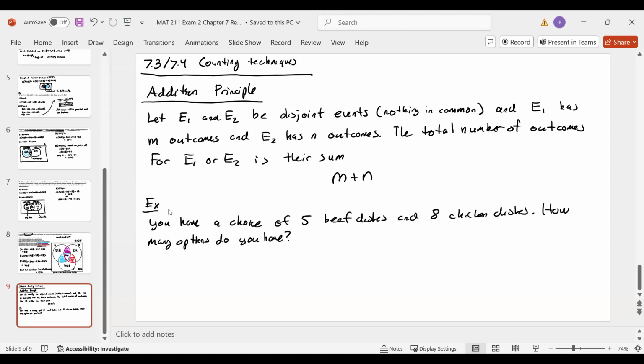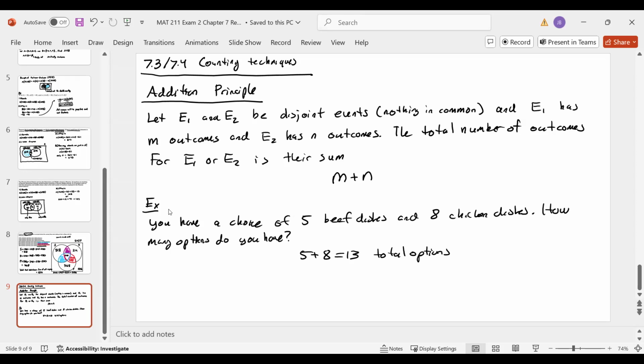I didn't ask you how many ways can you eat a chicken or beef dish. I just asked how many options you have. That's what the addition principle is all about: how many things do you have to choose from in total. Well, it's just 5 plus 8, which is 13. So that's my total options.